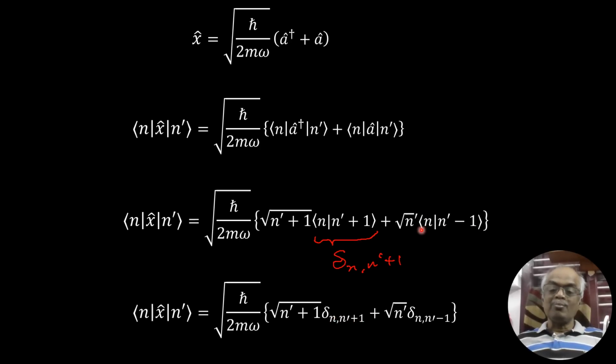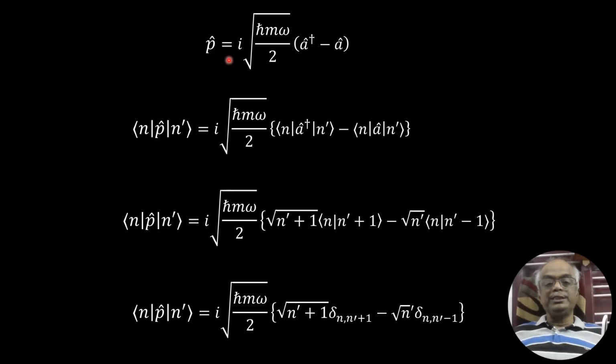Similarly here, this will be 1 only when n is equal to n prime minus 1. So this will become square root of n prime delta n, n prime minus 1. So this is for the expectation value of x.